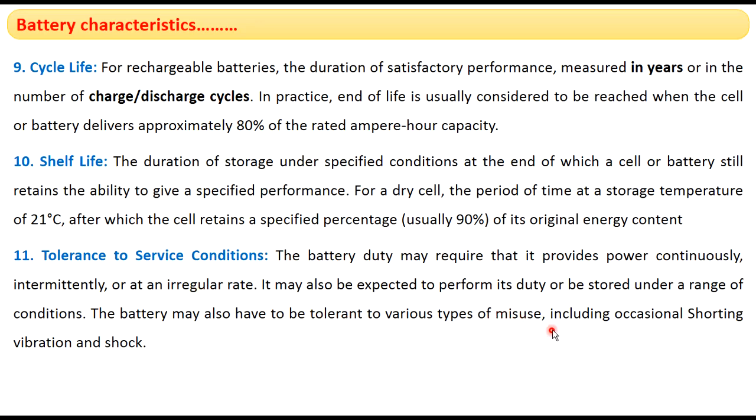Even if it is misused, it should perform its duty. Then occasional shorting, vibration: when the battery is subjected to vibration or shock, it should be in a position to tolerate these conditions, and it should provide power continuously. So these are the characteristics of a battery to be considered while choosing a battery for an application.